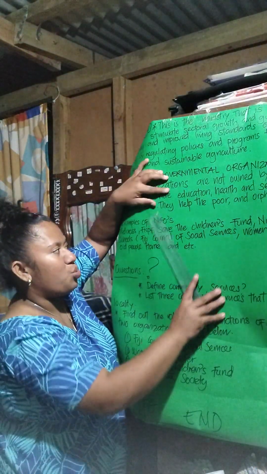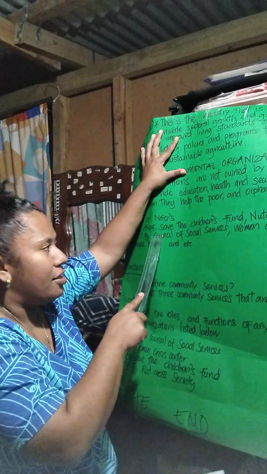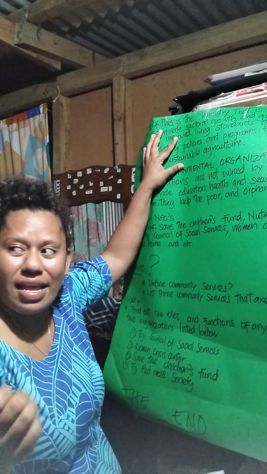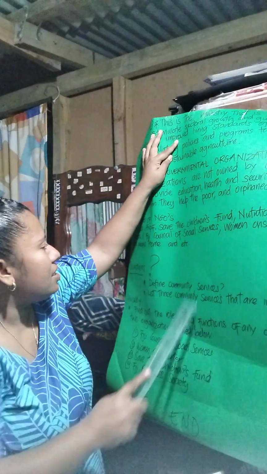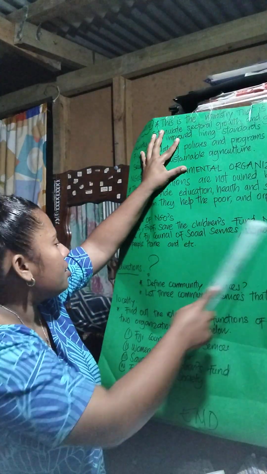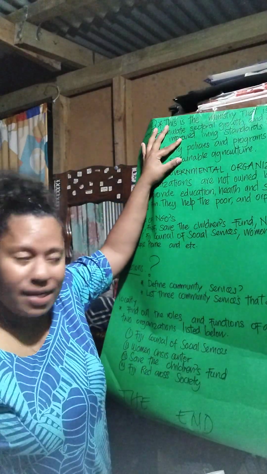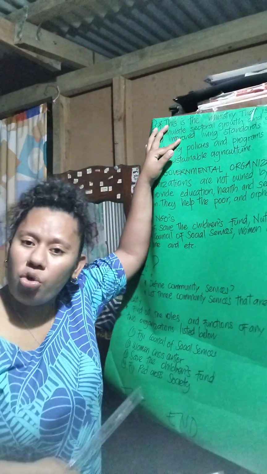FNPF, this is where the housing assistance, the education assistance, they provide education assistance, housing assistance, Save the Children's Fund, Nutritional Council, schools, Fiji Council of Social Service, Women Crisis Center, and also Old People Home.